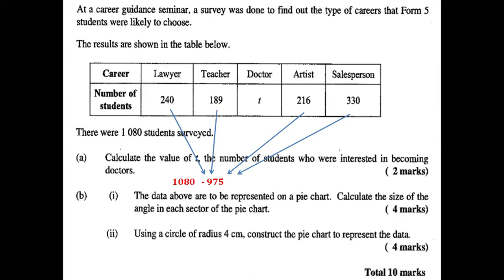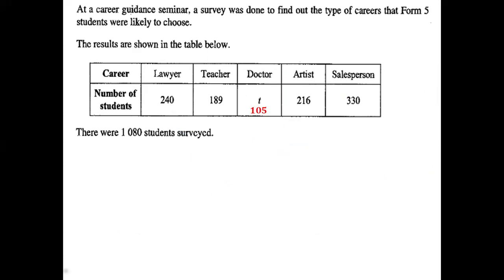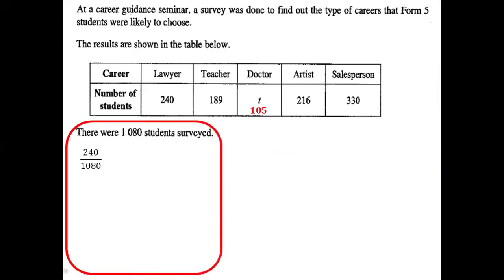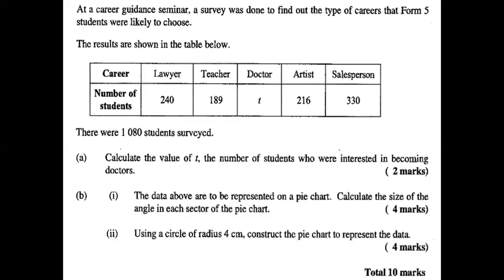The difference would tell us the number of doctors, for 2 marks, right? Good. So we know that's 105 doctors, and if you add all those, you would end up with the 1,080 students.